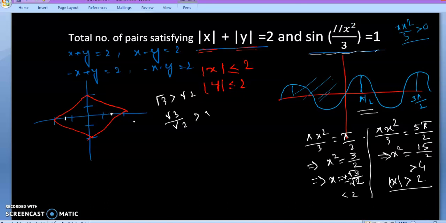For this point you get one point here and one point here, and for this point you get one point here and one point here. That means there are four pairs of points.